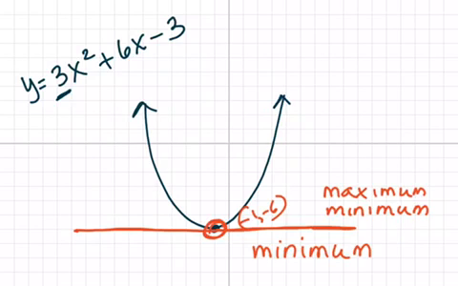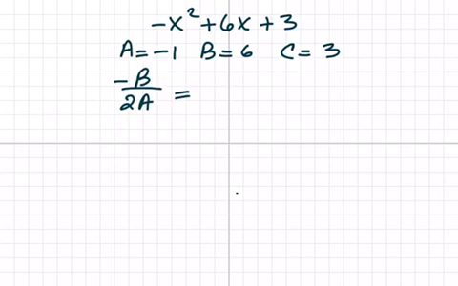All right, let me do another equation for you. I've started this a little bit for you. The equation is negative x squared plus 6x plus 3, and I want to find the vertex. So I have a equals negative 1. You see there's a negative right here, and that's a negative 1. The b is 6, and the c is 3. So negative b over 2a.